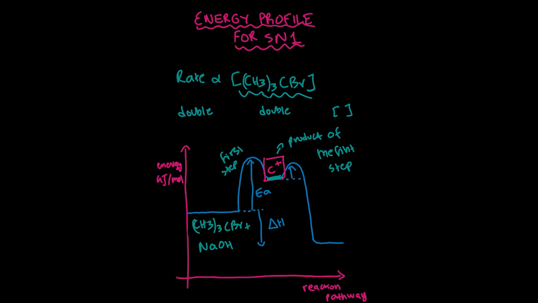The second step is basically the reaction of the carbocation with the OH minus ion. This results in the formation of your product, which is the alcohol and NaBr. So this is the energy profile diagram for SN1 reactions. Overall, the reaction is going to be exothermic because your reactants over here have a greater energy content than the products.